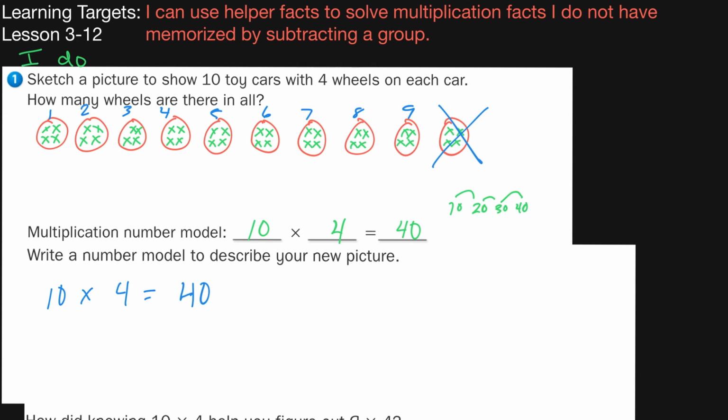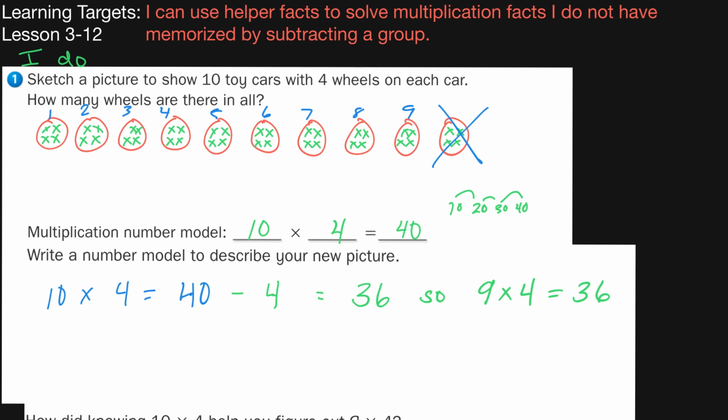And then because I subtracted here, I crossed out this one group. I'm going to show that as there's 4 in that group. So I subtracted 4, and that equals 36. And then I'm going to write here, this is really key. So 9 times 4 equals 36.